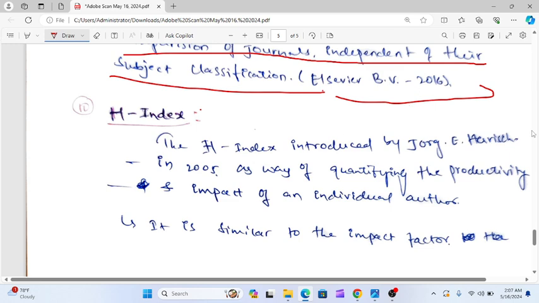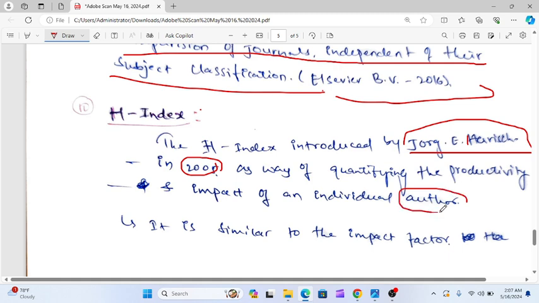Now the H index. The H index was introduced by George E. Hirsch in 2005. This is a way of quantifying the productivity and impact of an individual author. So why do we use the H index?